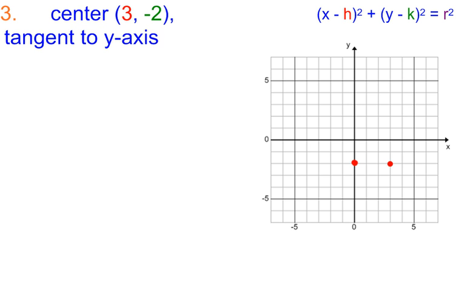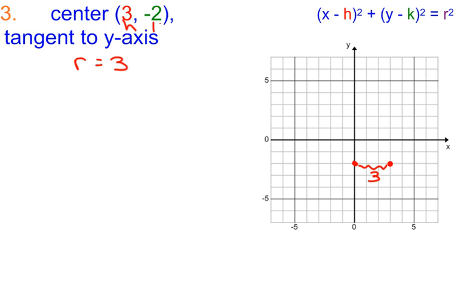Because now when I draw my circle, I would just touch there. So by telling you it's tangent, they're giving you this point right here, which in turn actually gives you your radius, because you can count horizontally. This is 3 units. So they're really telling me my r equals 3.